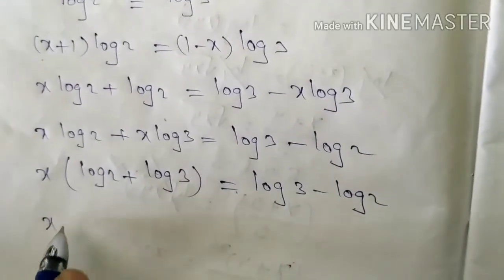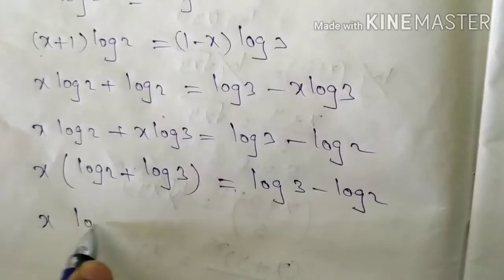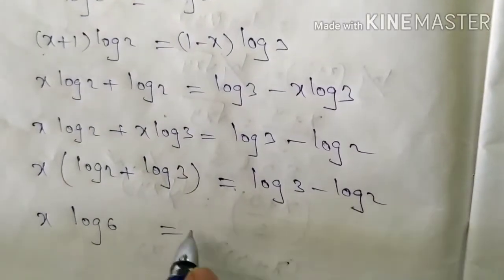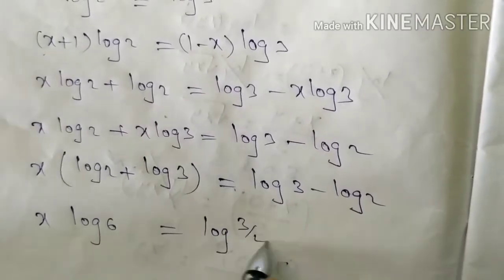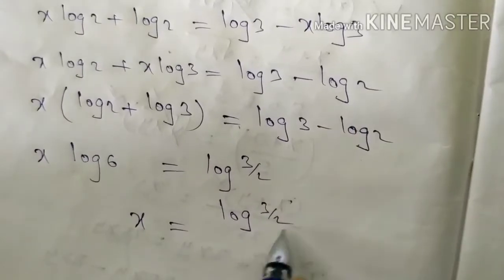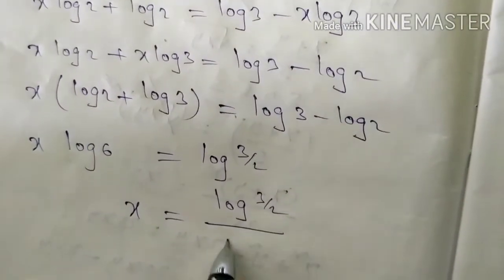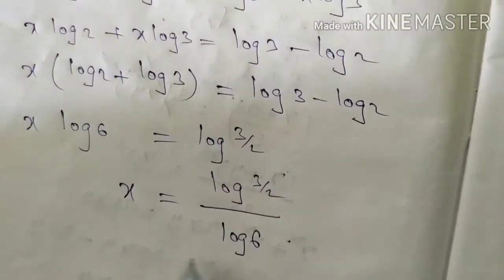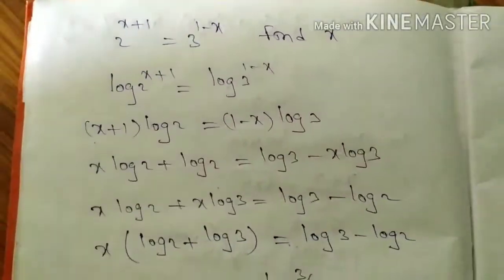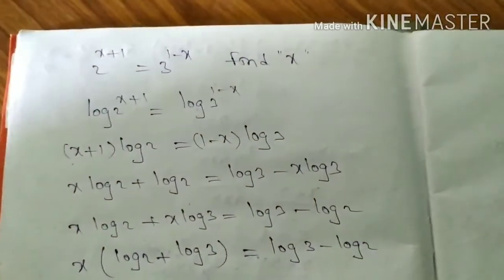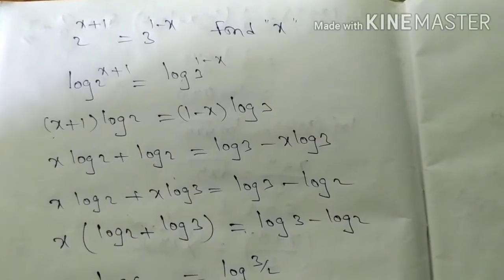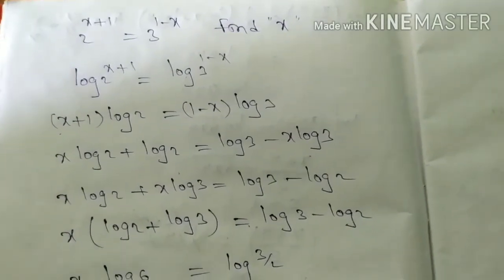So anyway, first of all, here log 2 plus log 3, log x plus log y formula, 2 times 3 is 6. Here log 3 minus log 2, log x minus log y is log x by y, so log 3 by 2. Now x we need, so x is log 3 by 2 divided by log 6. So this is the value of x. So see here, 2 power x plus 1 is equal to 3 power 1 minus x. Find x. So on both sides first apply log. After that, the formula is there now.